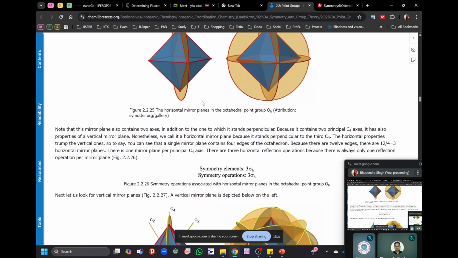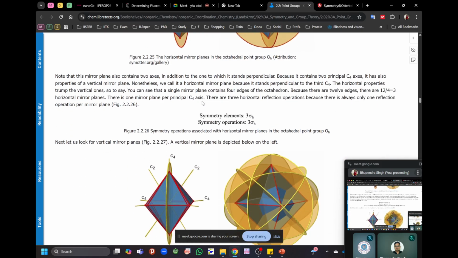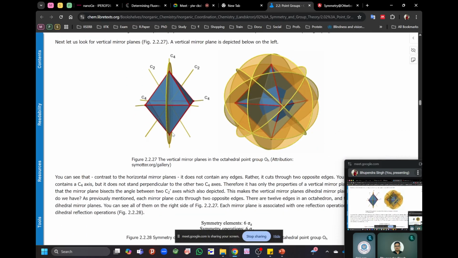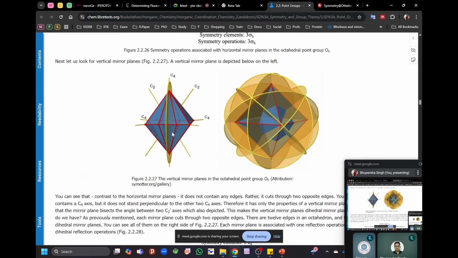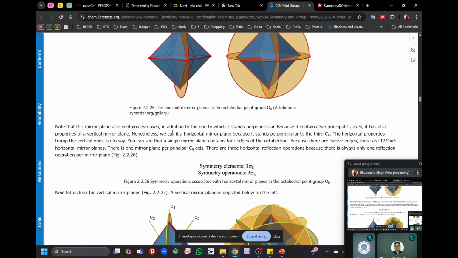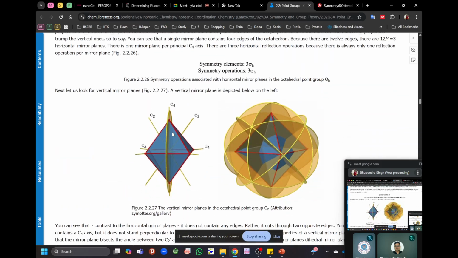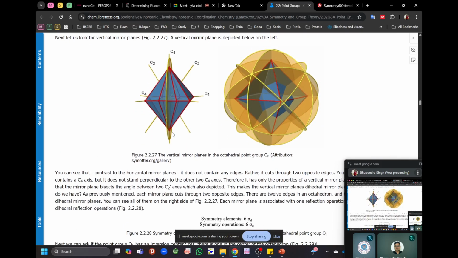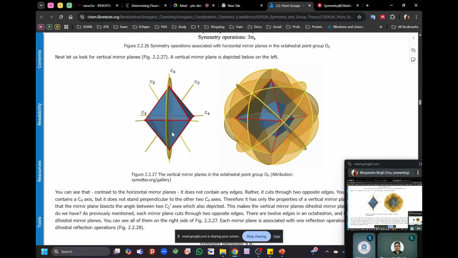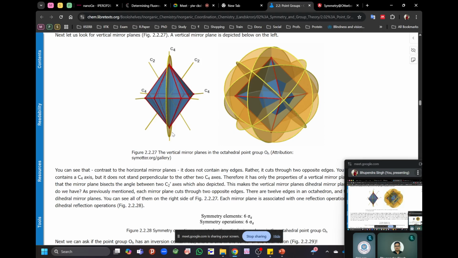So three sigma v's I can see. Anyway, sigma h, okay, because C4 was there. Anyway, because this octahedral is a higher order of symmetry molecule or group, there are a lot of planes and axes present.